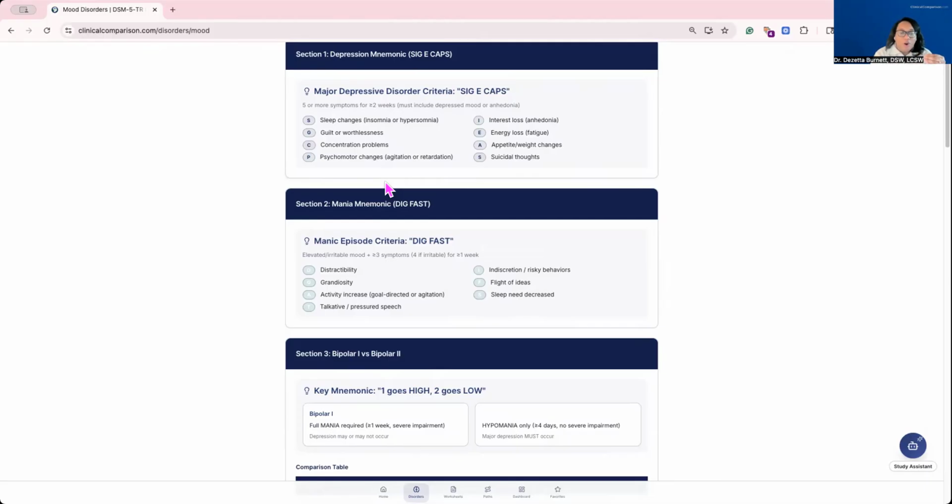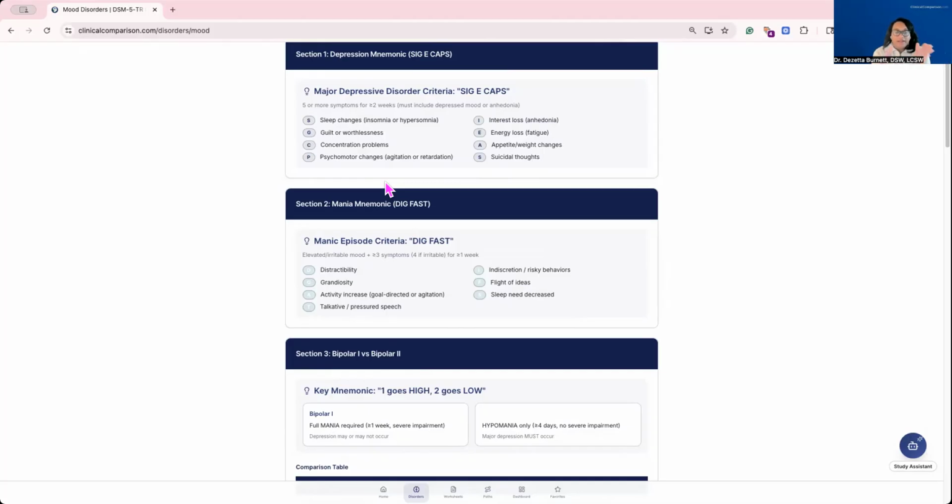With this, you only need 3 or more for at least 1 week. If the mood is only irritable, you need 4. We'll talk about this more. I'm just giving you the mnemonics.